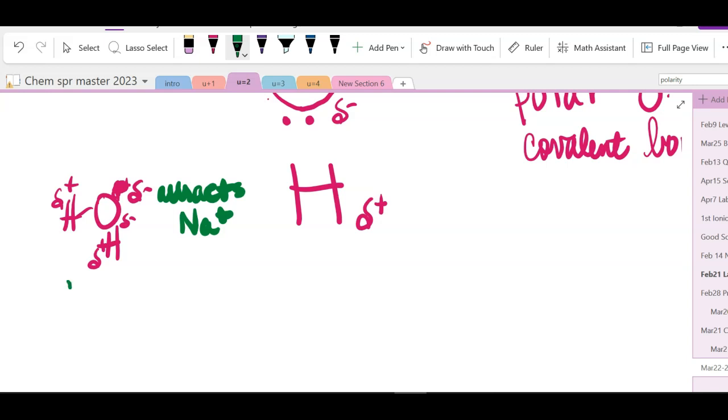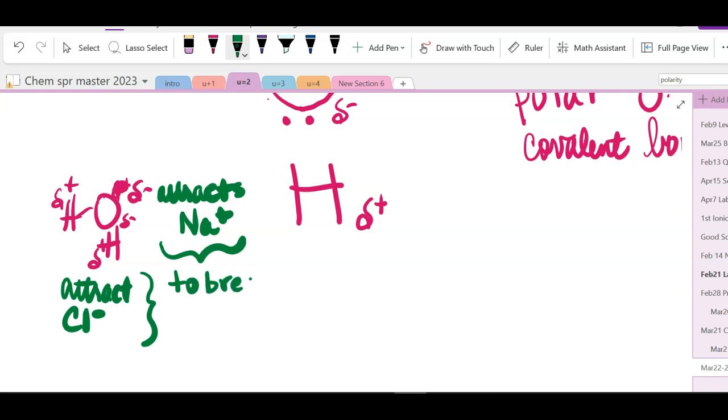And these guys attract the negative chlorine ion, to break down the salt crystal, to break down the sodium chloride crystal.